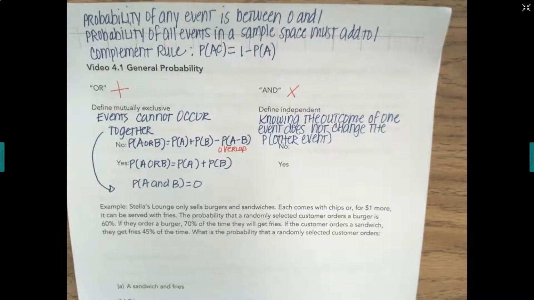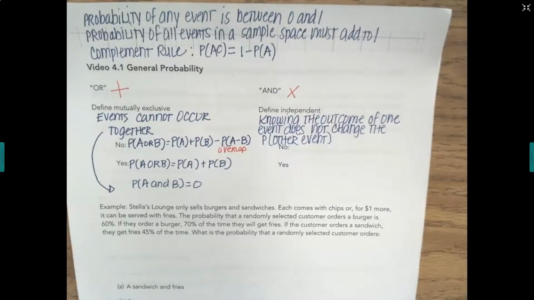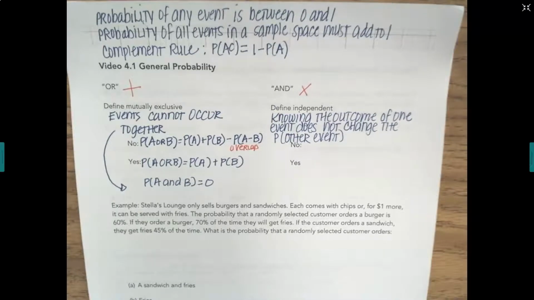If I shuffle the cards and I draw a Jack of Hearts and I'm holding it in my hand, that changes what I know about the cards remaining in the deck. That's not independent. However, if I shuffle the cards and I pull the Jack of Hearts and I look at it and I put it back in, that did not change what I know about the deck.